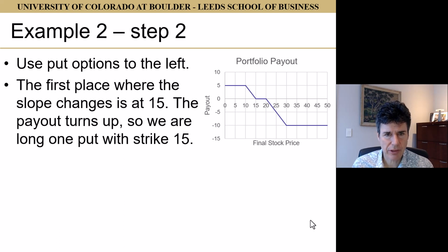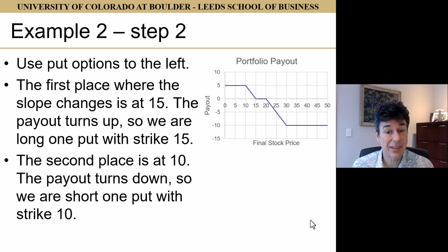The first place where the slope changes at 15, the payout turns up. Again, we're going from that center point to the left, so it turns up, so we go long a put with strike 15. Second place is at 10, the payout turns down, so we go short a put with strike 10. And that will draw that first part of the payout. Basically everything below 20, we've just drawn.